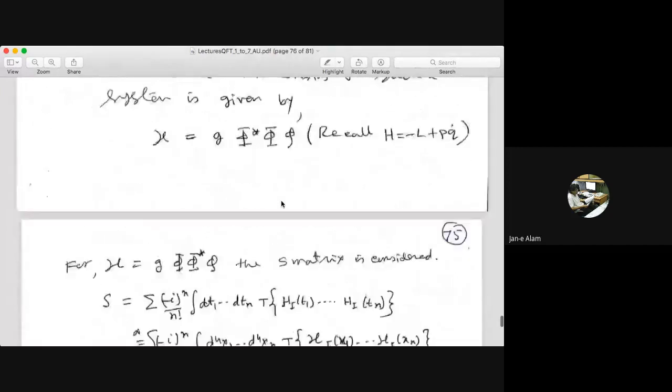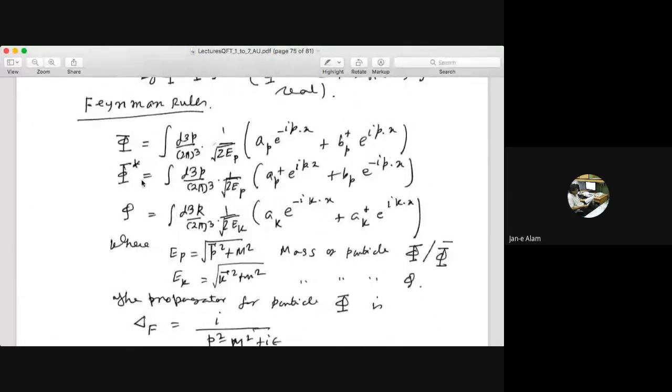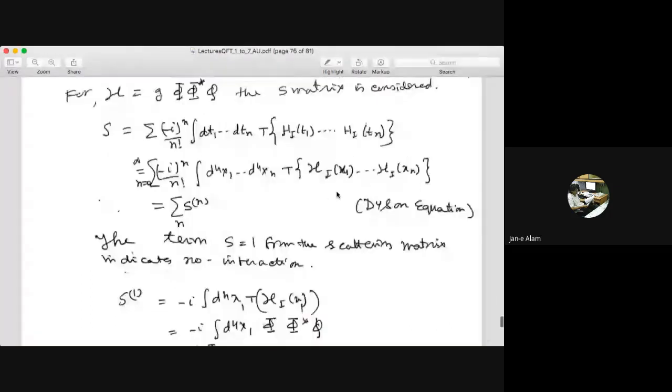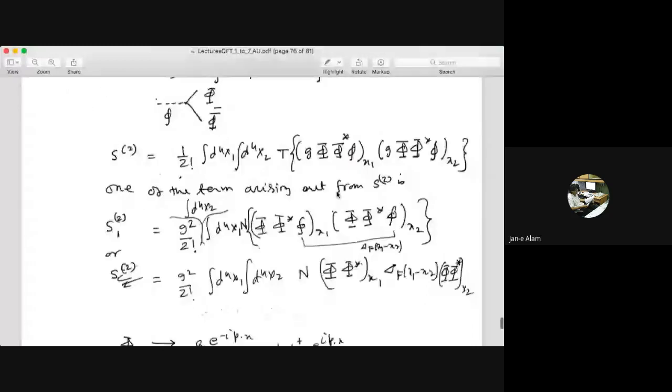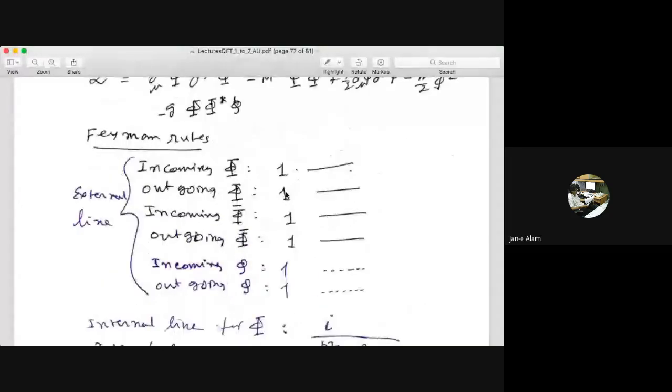When we discuss the electromagnetic theory, you will know that this psi and psi bar, when we expand, the AP dagger will have coefficients of Dirac spinors, UP, U bar P, VP, V bar P. So there, when you draw the Feynman diagrams, you have to put appropriately U bar P, V bar P. But in a scalar field, that coefficient is always 1. So when you draw the Feynman diagram for scalar particles, for any incoming and outgoing particle, you associate a number 1 to the Feynman diagram.